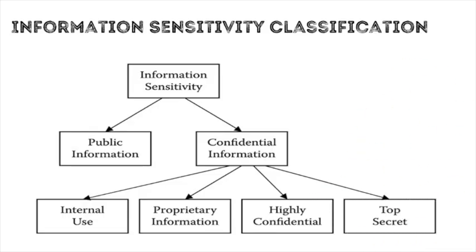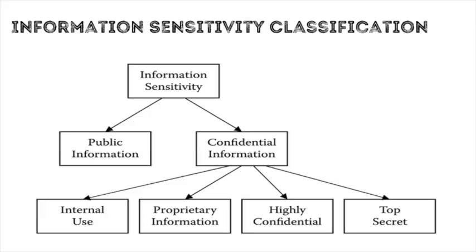That's why organizations classify data into different categories, such as public information, freely available, like a bank's interest rates posted on its website; internal use, meant for employees, such as internal memos; highly confidential, sensitive data like customer account details; proprietary information, valuable intellectual property like a fraud detection algorithm; and top secret, data needing maximum protection, such as encryption keys used for online banking.